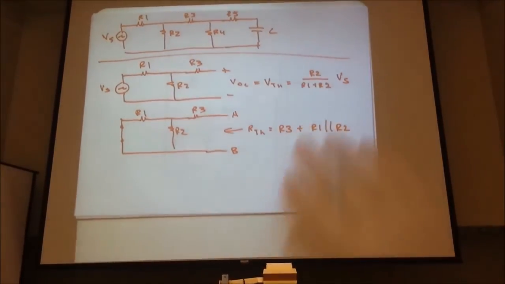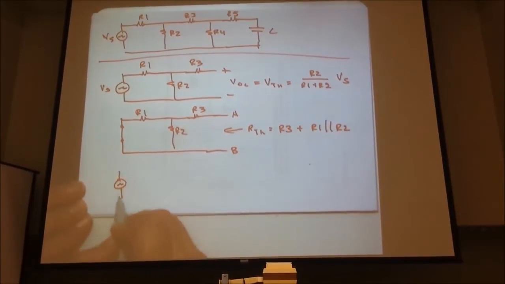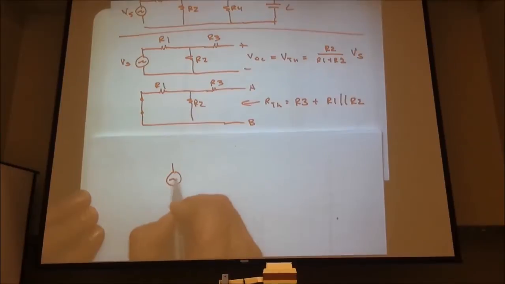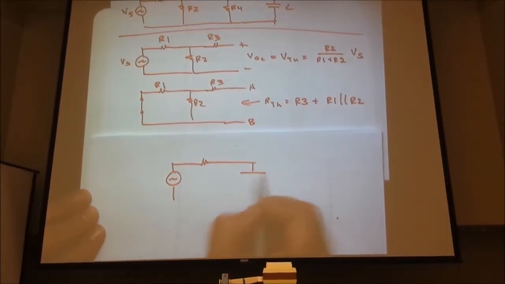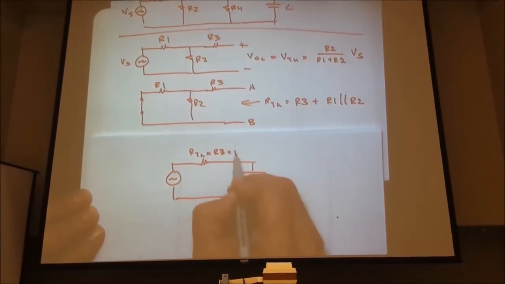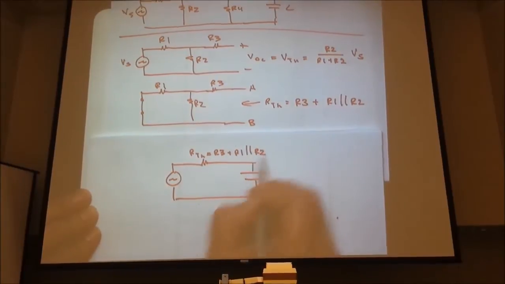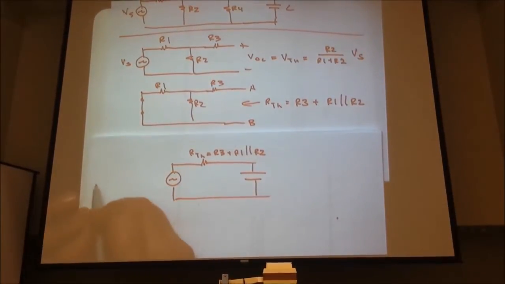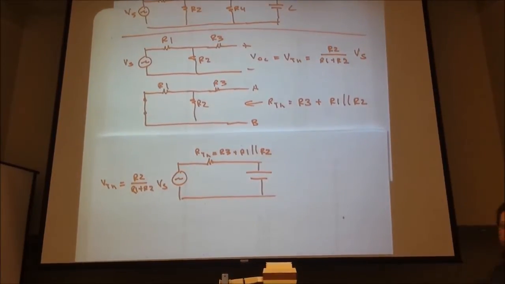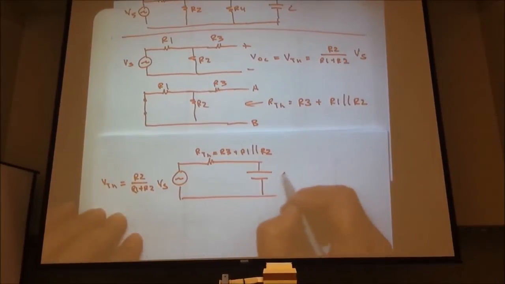That's great, because we can go and say our circuit now looks like this. RTH, which is R3 plus R1 in parallel with R2, and that will be some number. And then V Thevenin equals R2 over R1 plus R2 times V source. Anyway, times C, of course. And that's great.